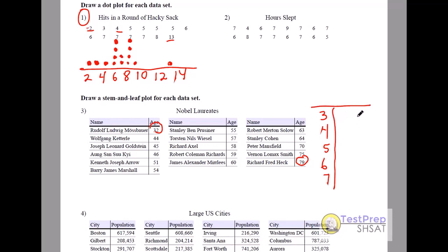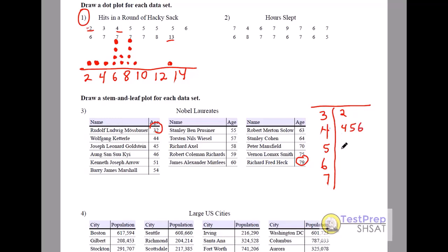So for all the 30s, well, there's only a 32, so I'll put a 2. For the 40s, I see a 4, a 5, and a 6. So I have these values for the 40s. That means 44, 45, 46 in the data. Okay?